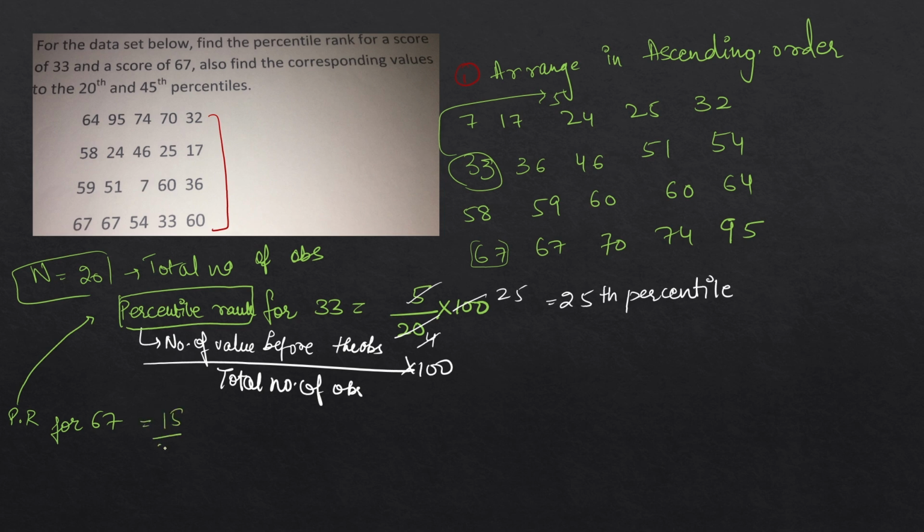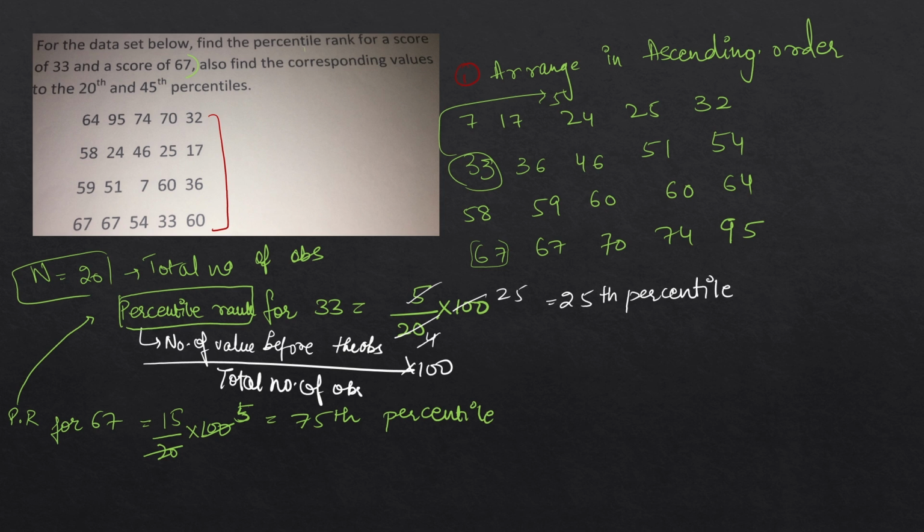So 15 upon 20 into 100. So this would be 75, and this would be the 75th percentile. All right. So this much of the question is done.